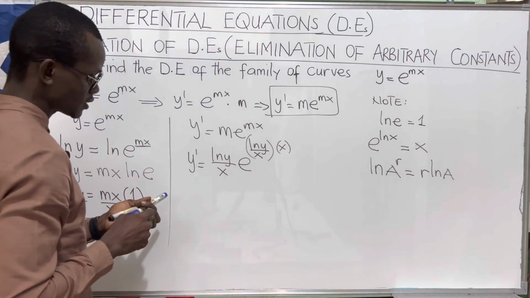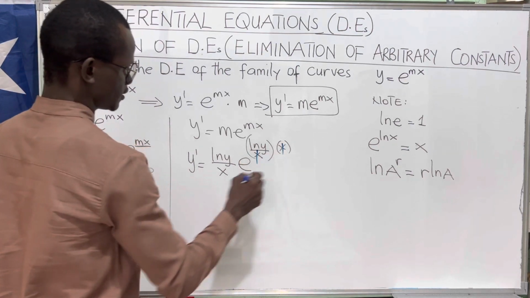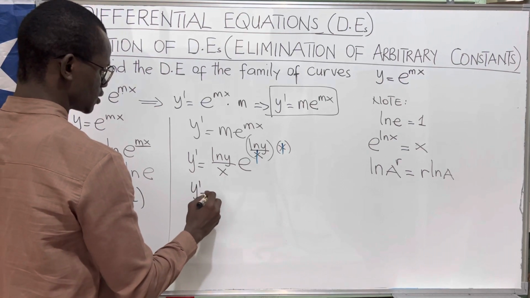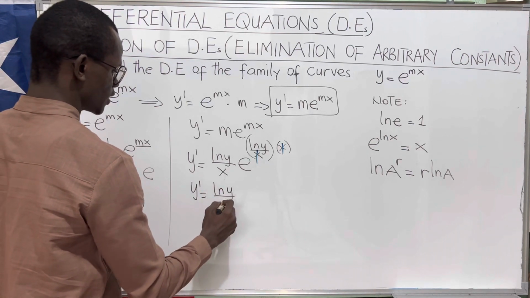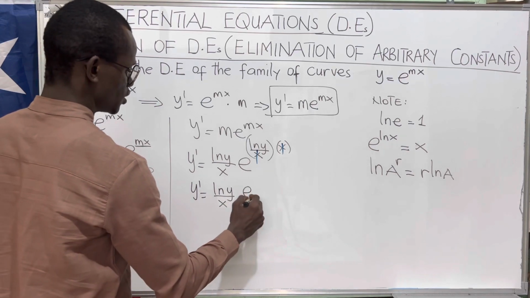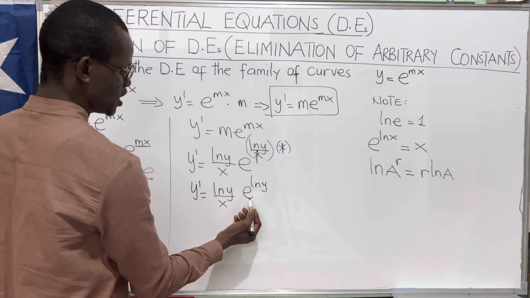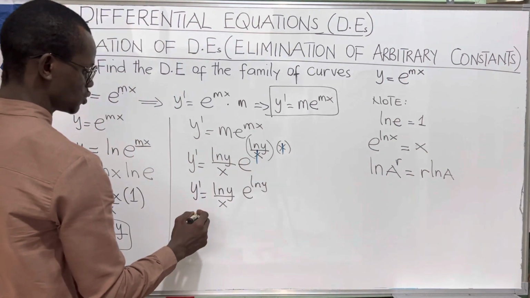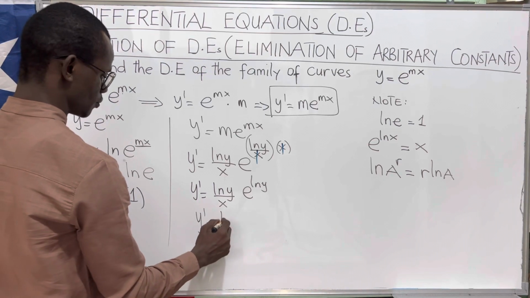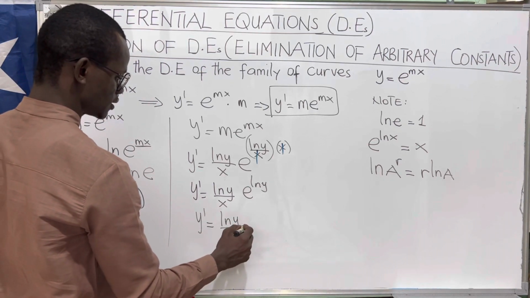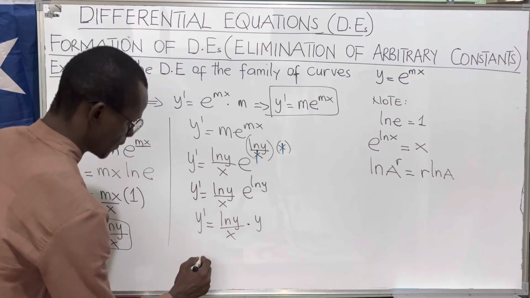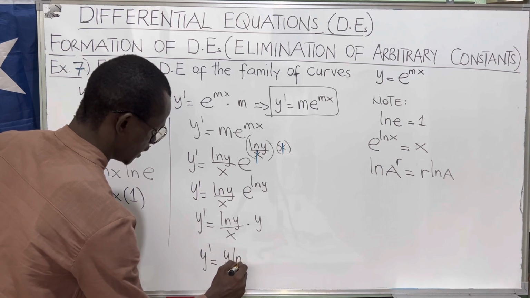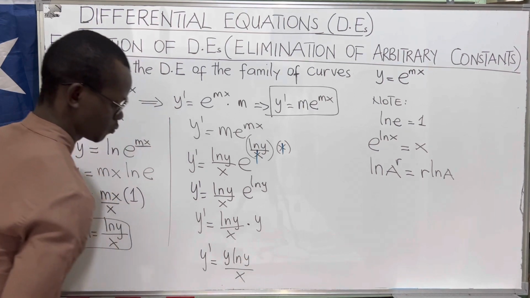So what happens to x? x and x cancel, so we'll just be left with y prime equals ln of y all over x times e raised to the ln of y. Now, e raised to ln of x is equal to x, so e raised to ln of y is equal to y. So y prime equals ln of y all over x times y. So y prime finally will just be y ln of y all over x.